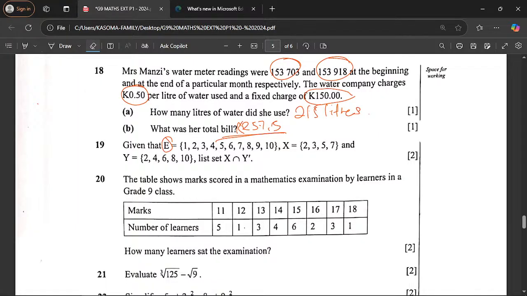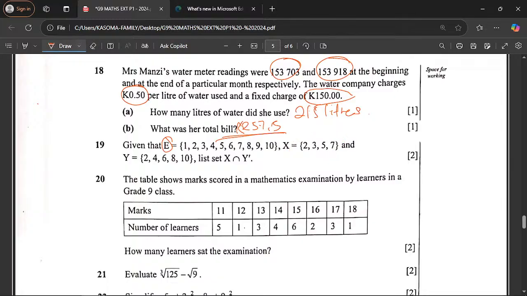Okay, so what we're going to do is first find the members of Y complement. The members of X, we know them, they are here. What we are remaining with is just to find the members of Y complement.